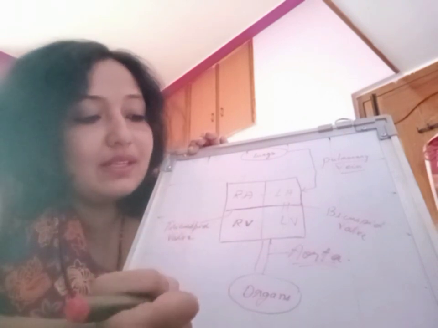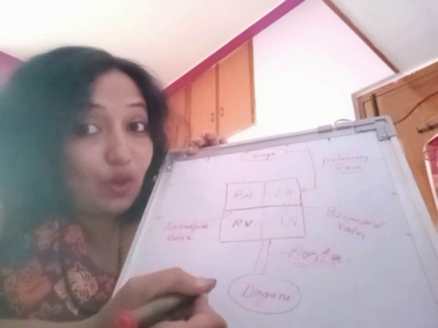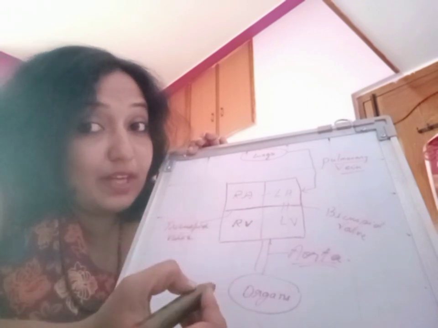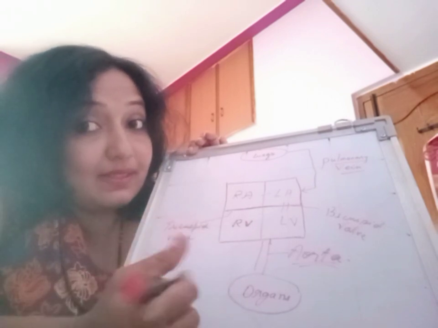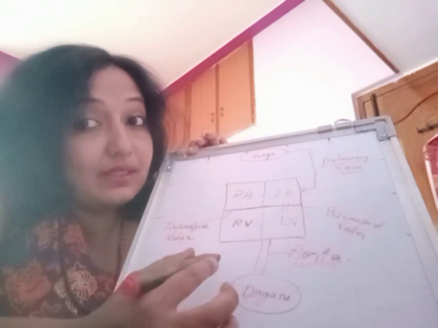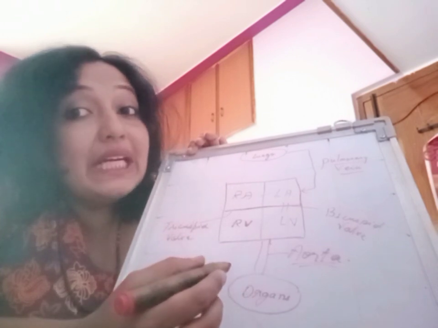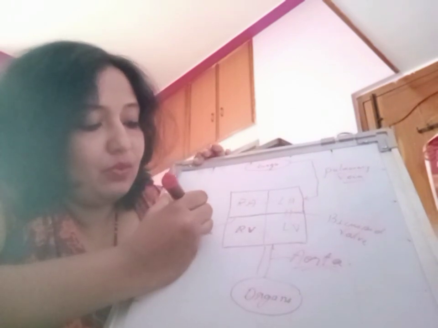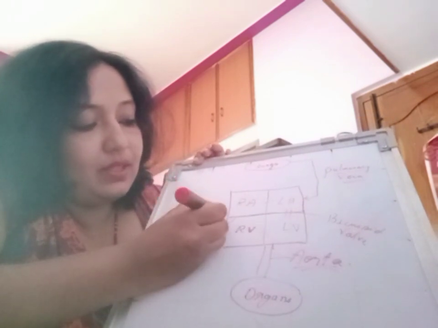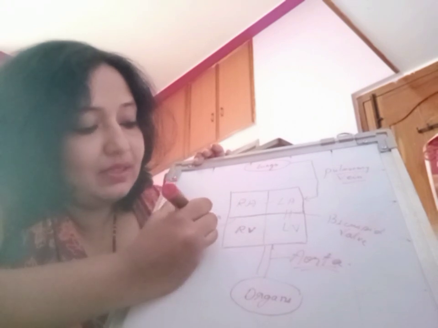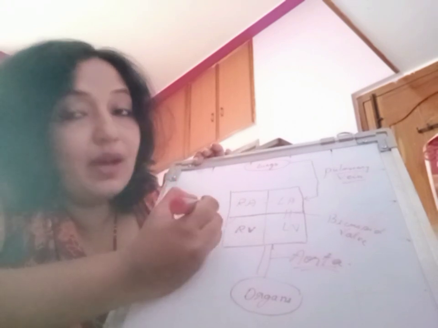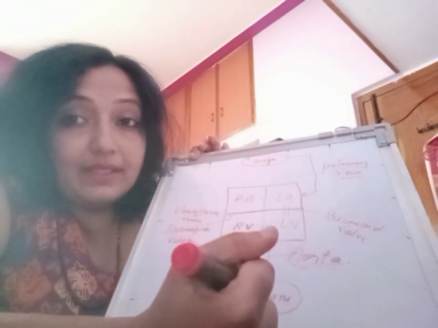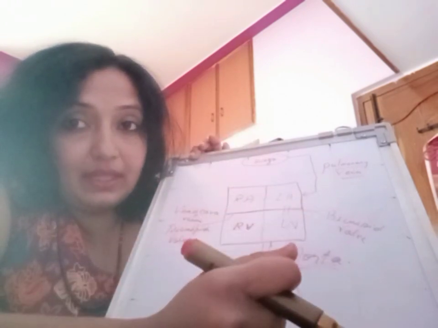So what it does? The deoxygenated blood, which is carried from all the veins through the vena cava, you should say vena cava. From the veins through the vena cava, there are two types of vena cava, anterior and superior.